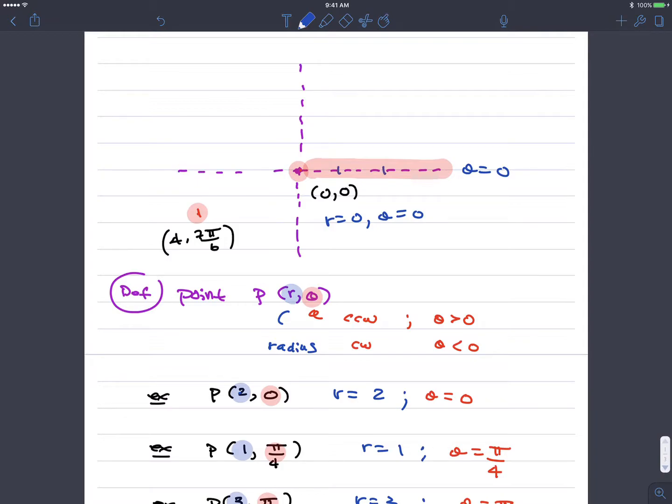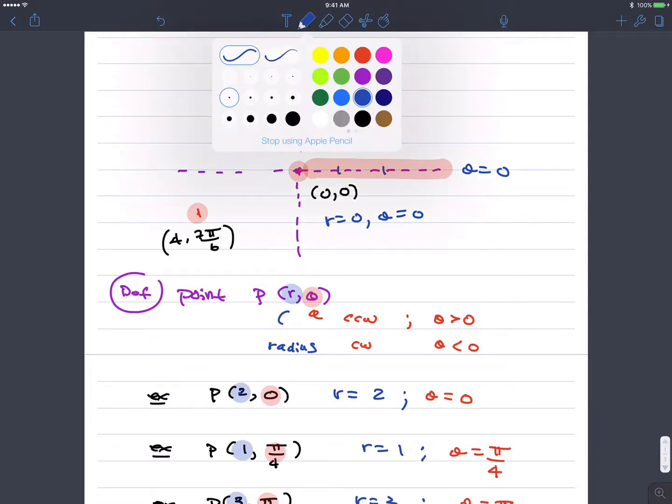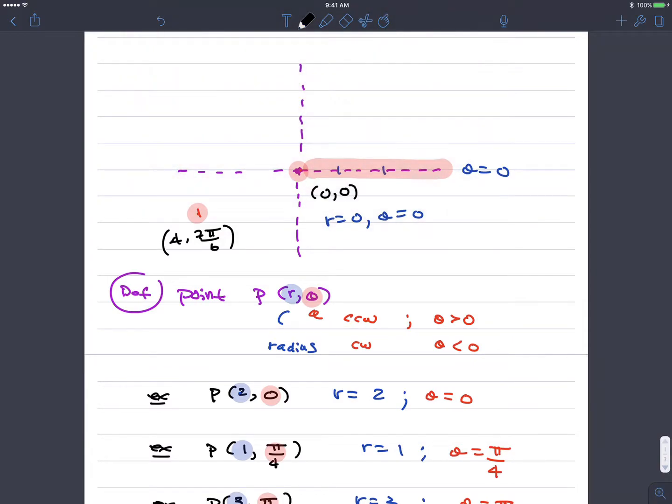You also have no radius, is that right? Because if you had a radius, for example, what would be here would be 1, 0. Is that true? Here's my radius 1 with a 0 angle. Here's my radius 2. This is 2, 0. And then this will be 3, 0, so on and so forth.